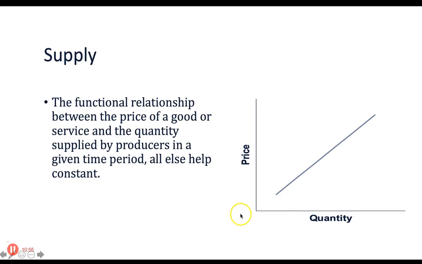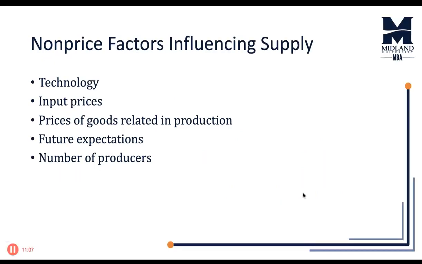But a good manager will start here to look at price and quantity differences to understand how much they will be willing and able to produce. They will also look at some of the non-price factors. They are technology, right? It makes a big difference when there's a new breakthrough technology in how much product or service you're willing to supply to the market. Input prices, right? Sometimes the input prices go up, and your ability and willingness to produce could go down in the number of units. Price of goods related in production.